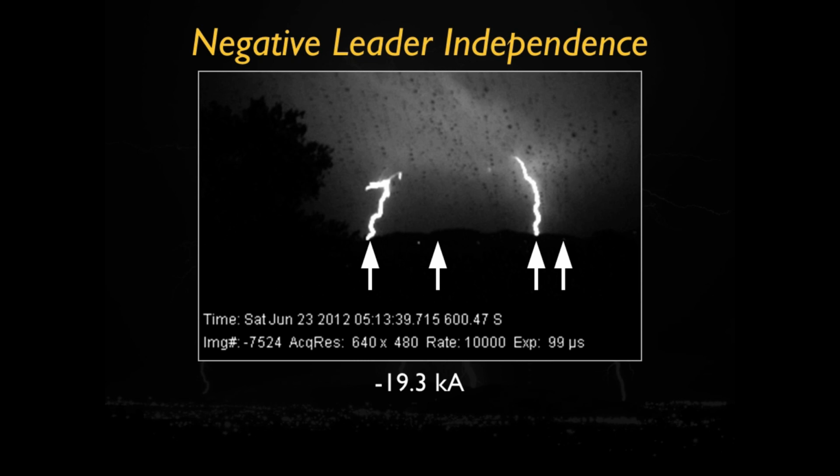What we also see with negative leaders as they propagate to ground is that sometimes they become independent from the main channel from which they branched and will not participate in the return stroke itself. And this is an example in which there's a main channel return stroke of an estimated peak current of 19.3 kiloamps, and then there's subsequent connections by orphaned or independent branches that formed originally but did not participate in the return stroke.